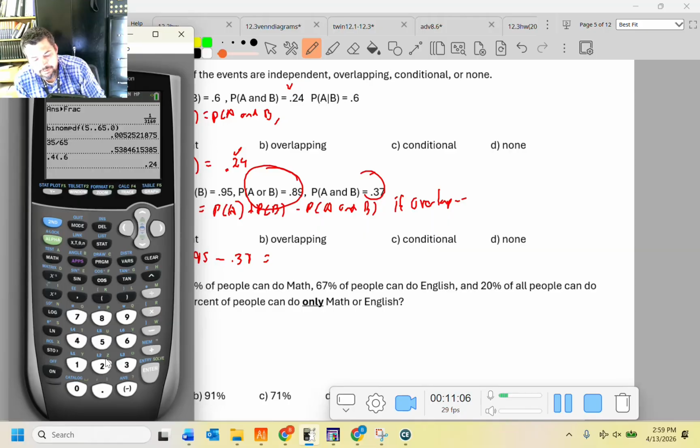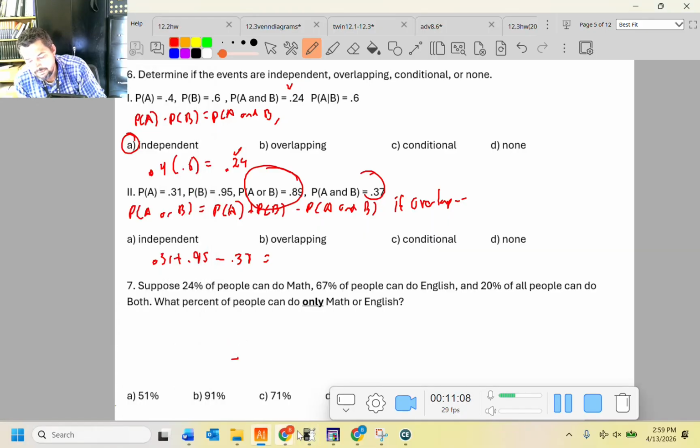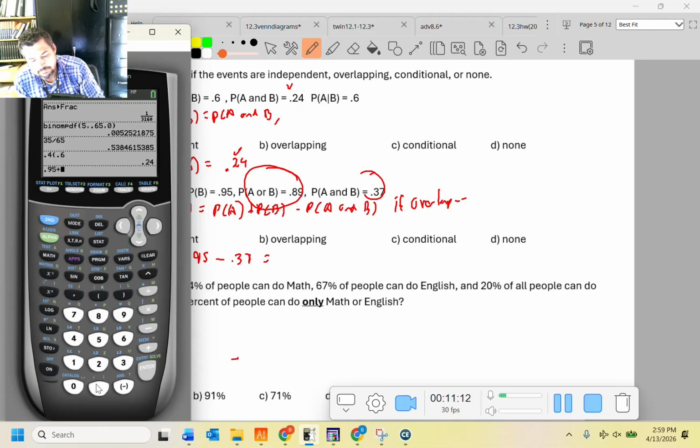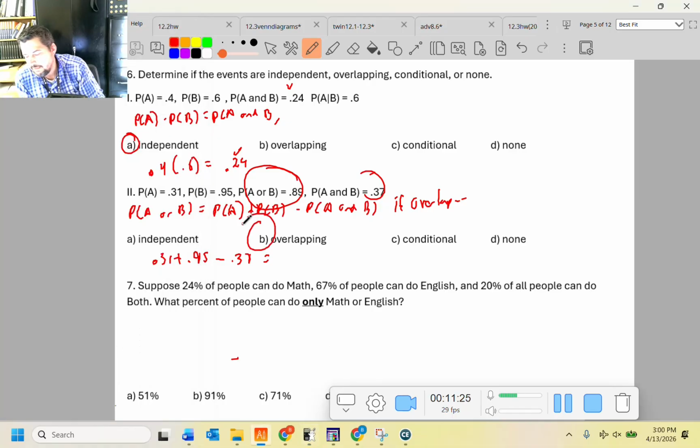So that was 0.95 plus 0.31. Most kids I saw do this, they just guessed. Like, you're too lazy to even push buttons in a TI-84. It's really sad. And you got 0.89 and they match, so hence overlapping.